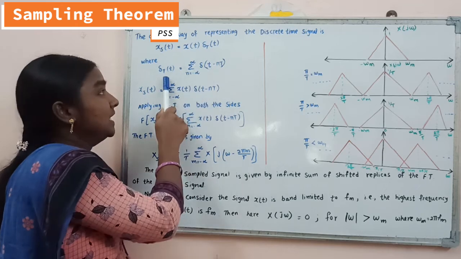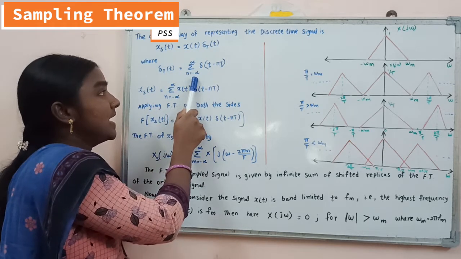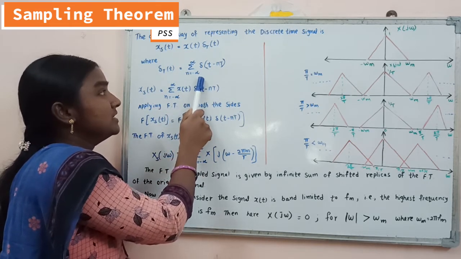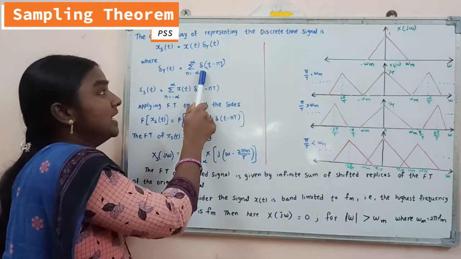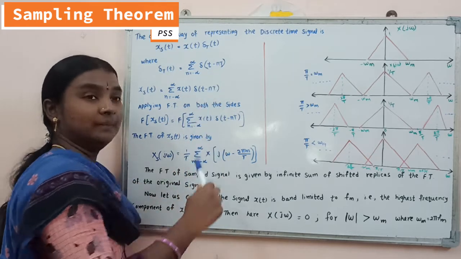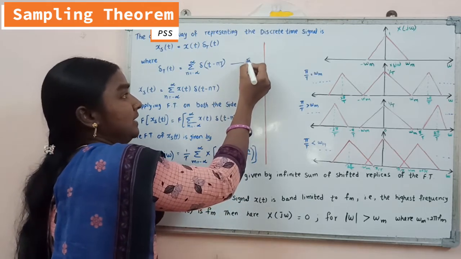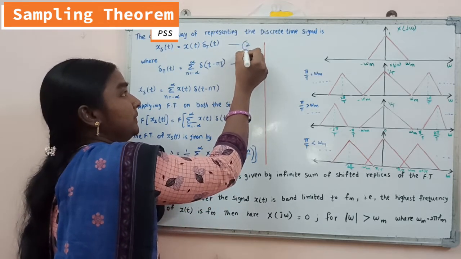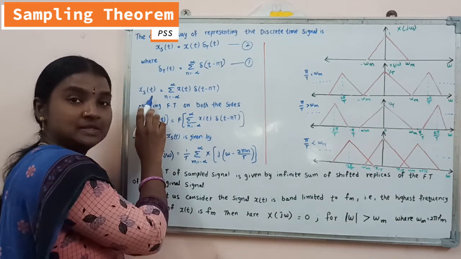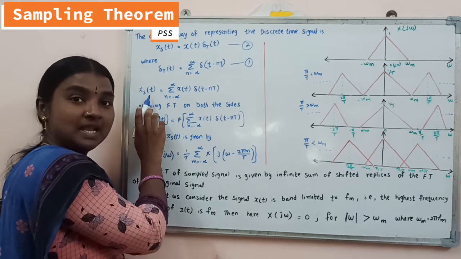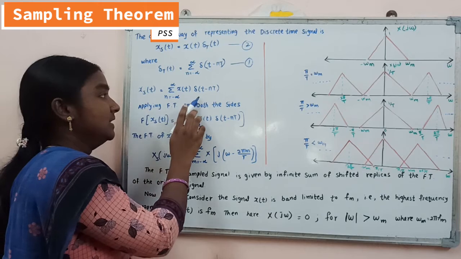Delta T of t can be expressed as the sum of n equal to minus infinity to plus infinity of delta of t minus nT. Now if we substitute equation 1 in equation 2, we get the mathematical expression for the sampled signal xs of t like this.